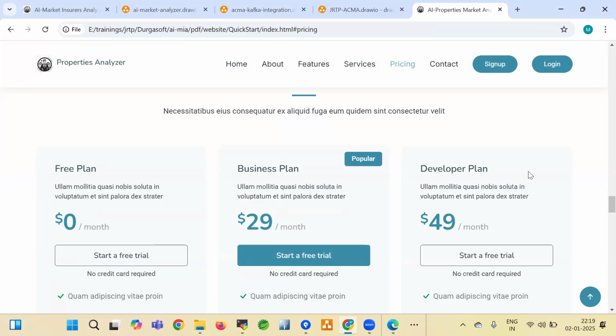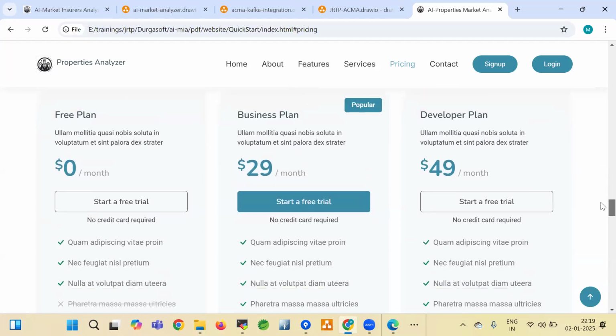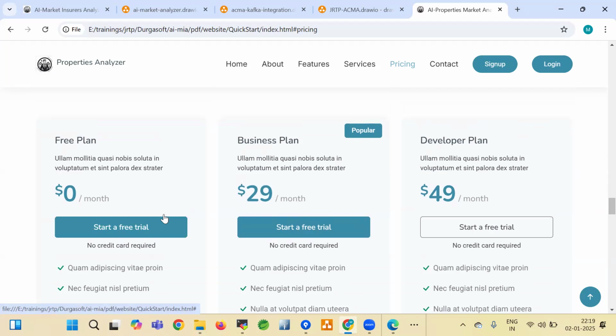Then what is the revenue for us? They have to use our product by subscribing to it. So we're going to give plans basically. They can take a free plan. The free plan can only be taken by the property owners, but not by the property brokers or the insurance agents.